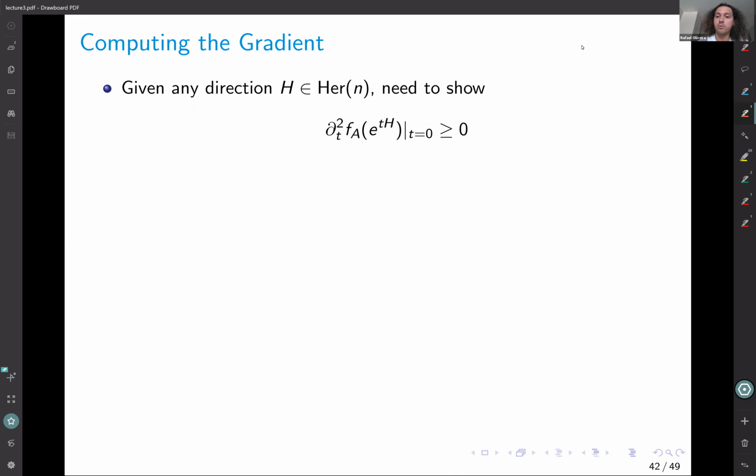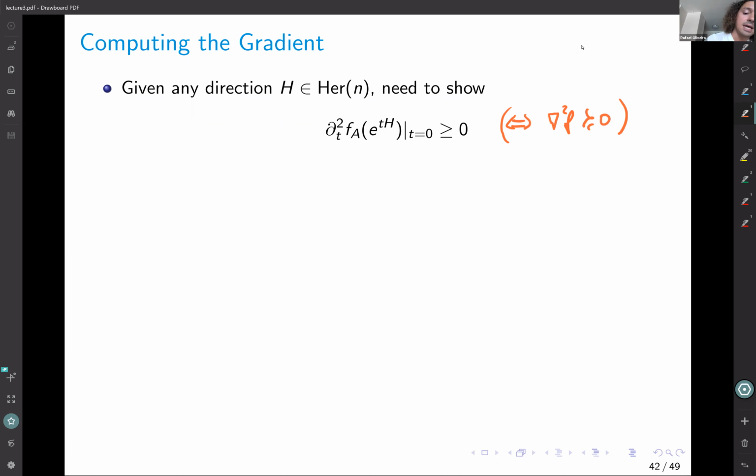This is equivalent to proving that the Hessian is positive semi-definite. But to compute the Hessian, we first need to compute the gradient. So how do we compute the gradient of our function?